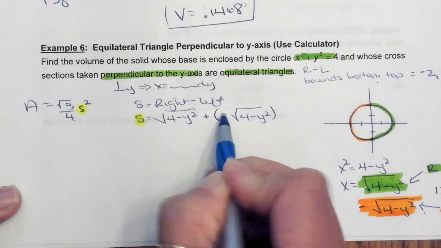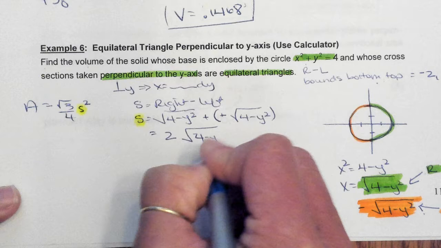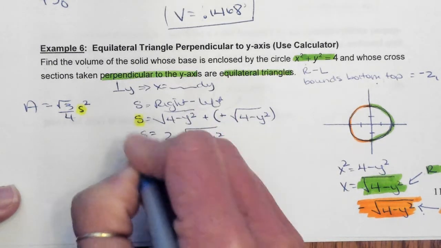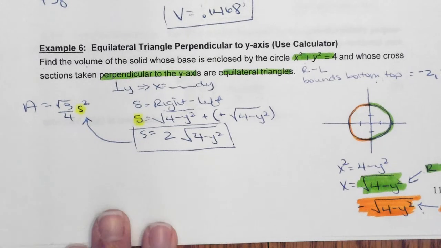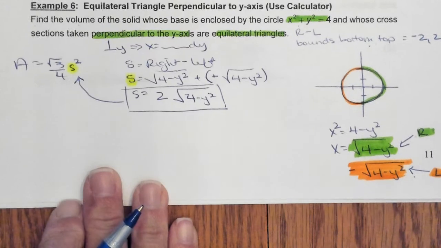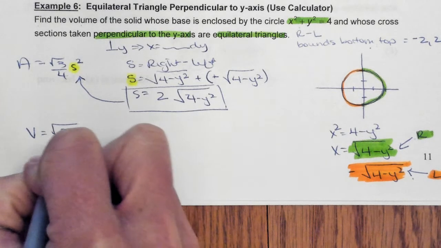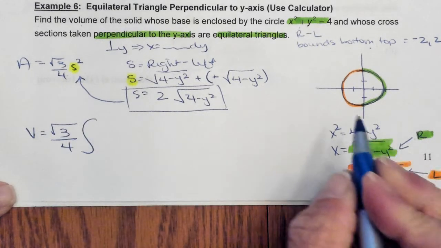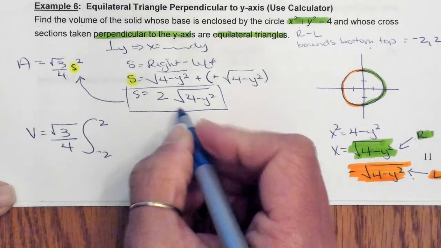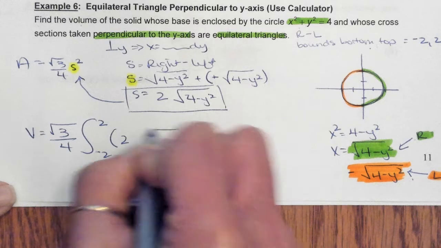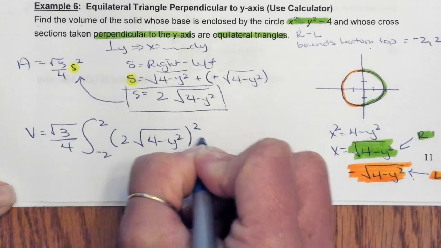So here we actually get 2 times the square root of 4 minus y squared, which is my S, which goes in right there. Okay? Alright, so now we have volume is equal to the square root of 3 over 4 times the integral from -2 to 2 of the quantity of 2 times the square root of 4 minus y squared dy.